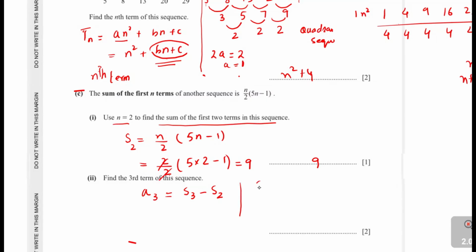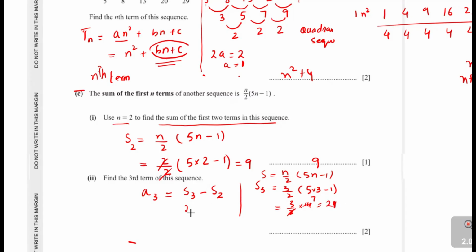Look here, S equal to n over 2 into 5n minus 1, and therefore S3 will be equal to 3 over 2 into 5 into 3 minus 1, which is 15 minus 1 is 14. 14 over 2 is 7, therefore 3 times 7 is 21.